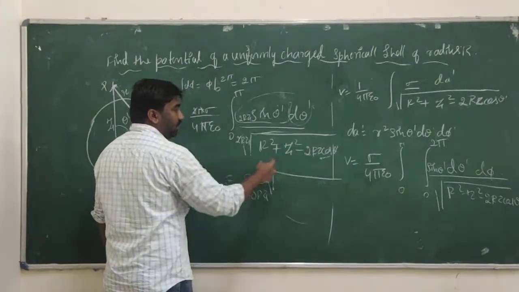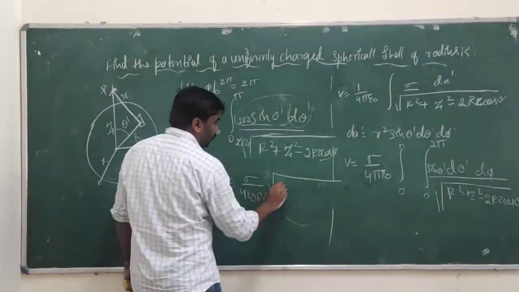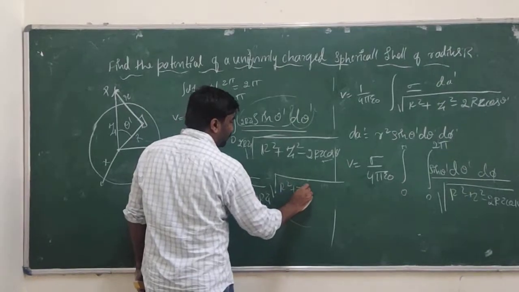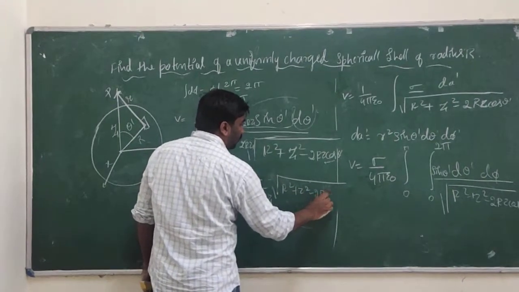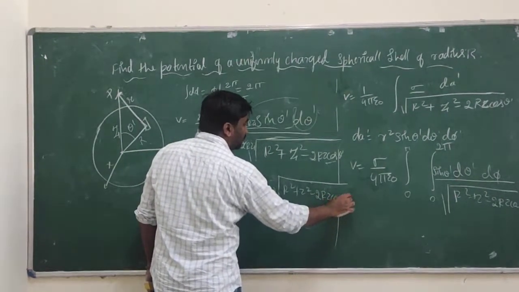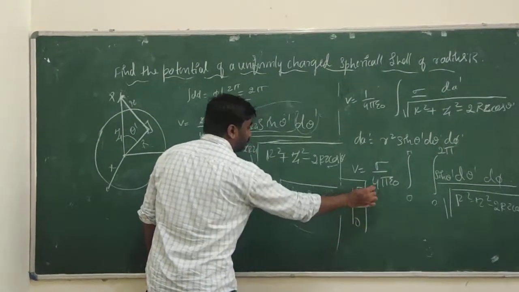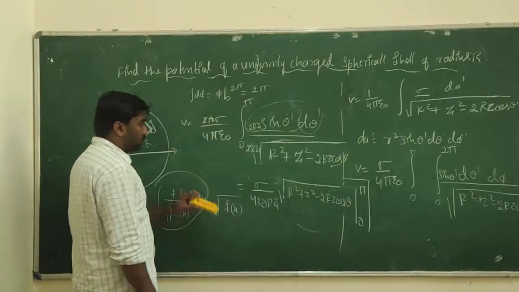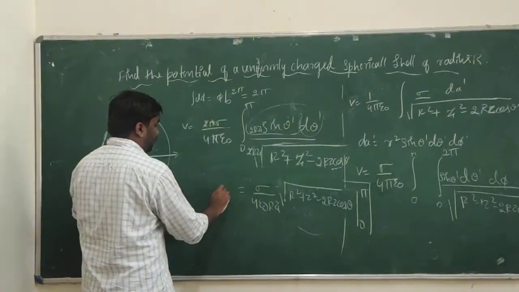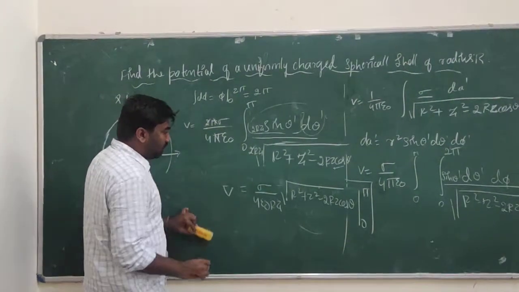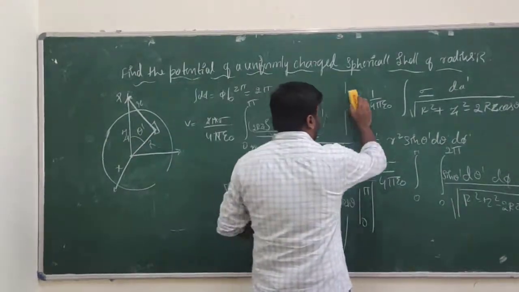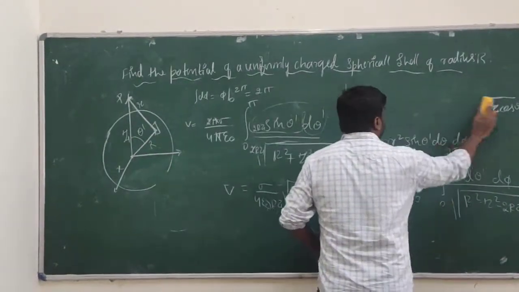F of x means r square plus z square minus 2rz cos theta dash, limits varying from 0 to pi. Understand? So this is our f of x, the potential V. Now we are going to simplify this by applying upper limit and lower limit.